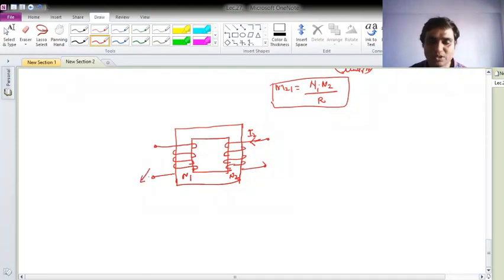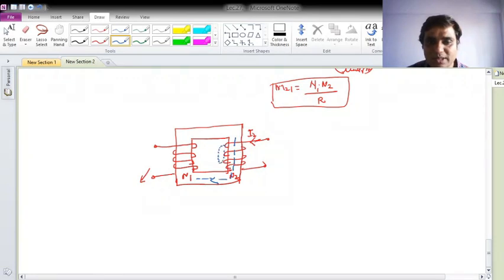So what will happen if I2 current is carried in this case? If this current is carried in coil 2, by the right hand thumb rule there will be flux produced, in this direction. Again there will be two types of fluxes.